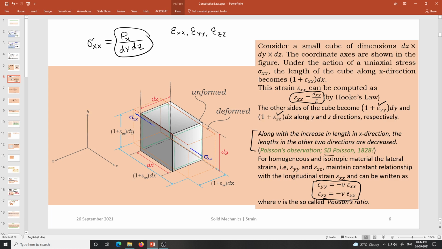Now, if we substitute the value of epsilon xx in this relation, what shall we get?